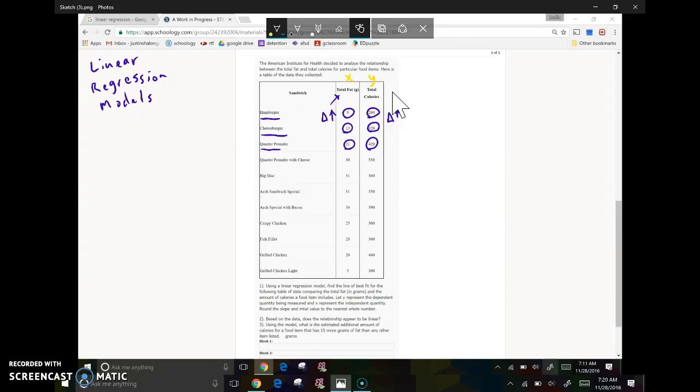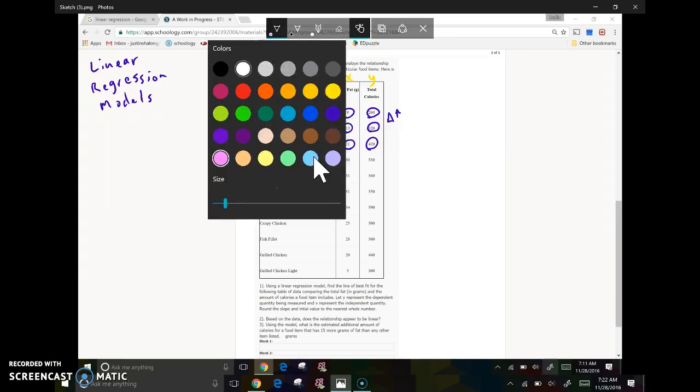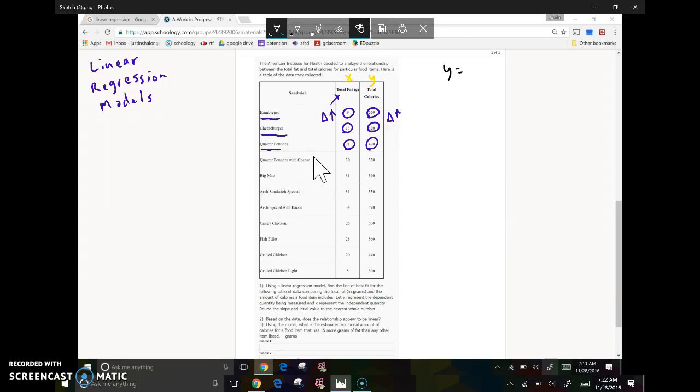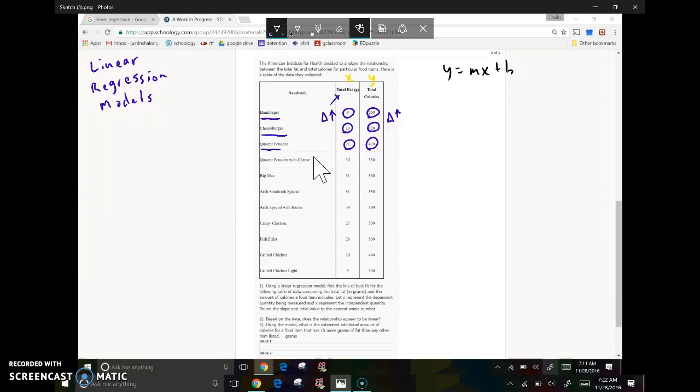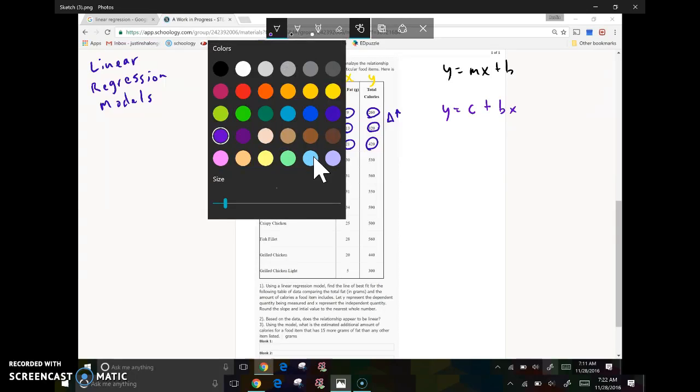So we have our model here. We have our model y equals mx plus b. This is the equation of a line that we've learned, but with regression models the equation is a little bit different. It is y equals c plus bx. I don't want you to get confused.